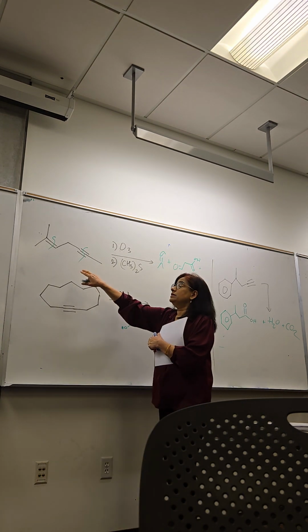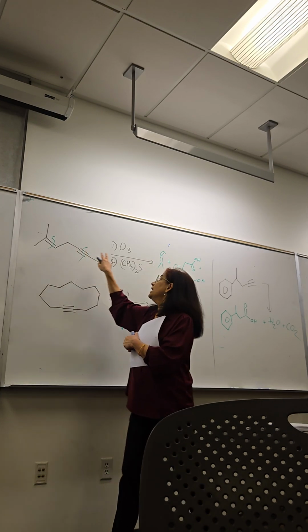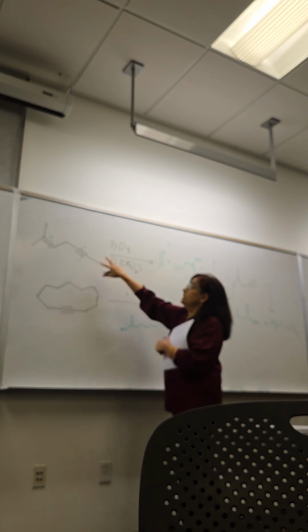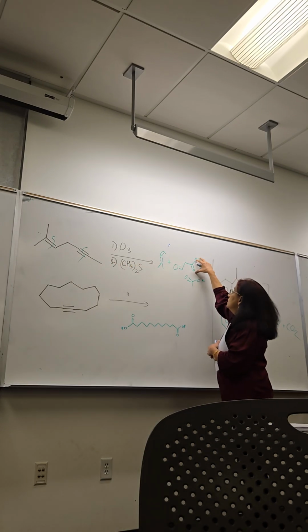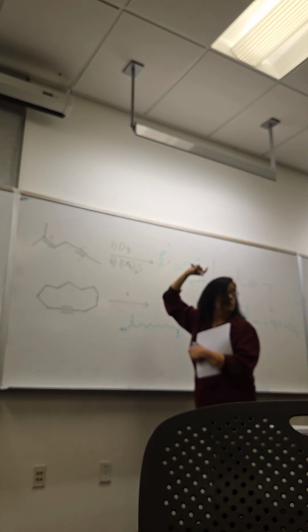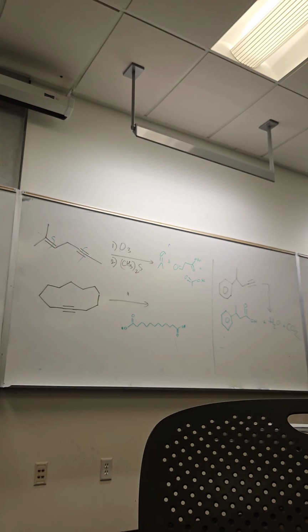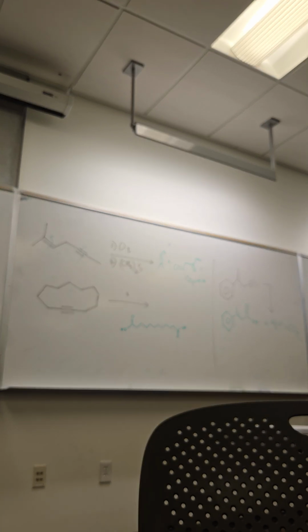Please notice alkenes only become aldehydes and ketones. The alkynes become carboxylic acids. You guys see that? So can we go backwards? If you're given the products, can you tell me what was the original reactant?